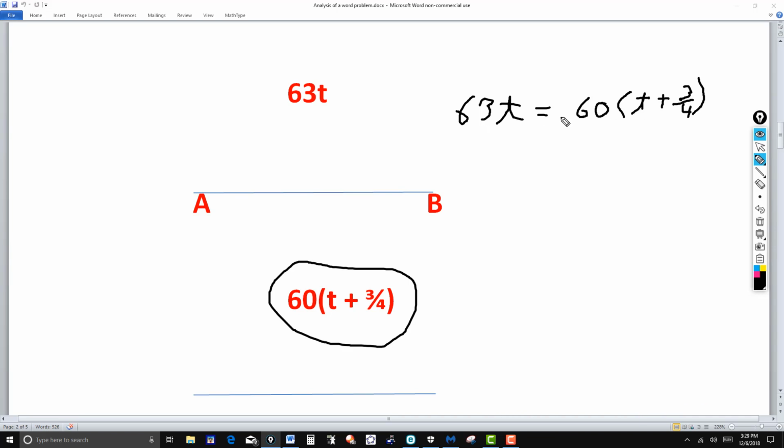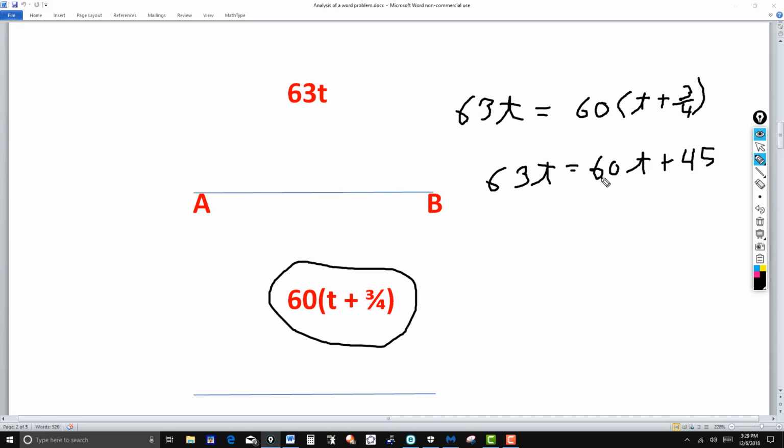So let's say this is going to be 63t here. And then on the right side, multiply through by 60. This will give me 60t. And 60 times 3/4, multiply and divide that out, is going to be 45. So solving here for t, subtract 60t from both sides.